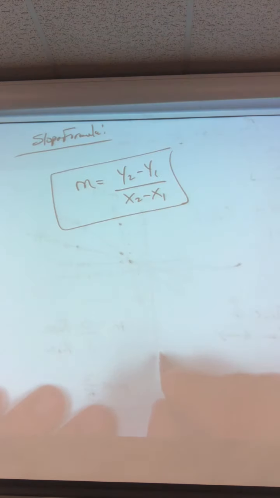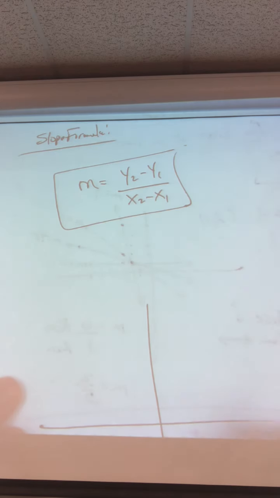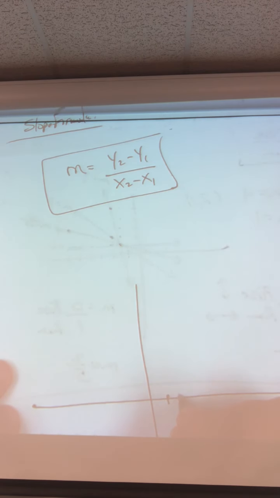Now, let me show you something right quick. You don't have to graph this. If I plot 7, 4, it's right here. If I plot 1, 3, it's right here.